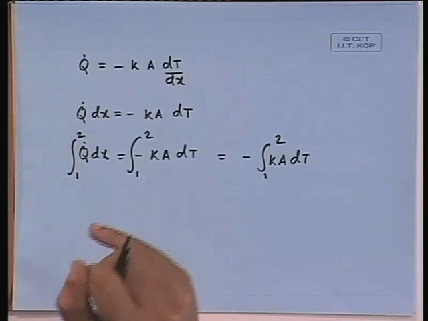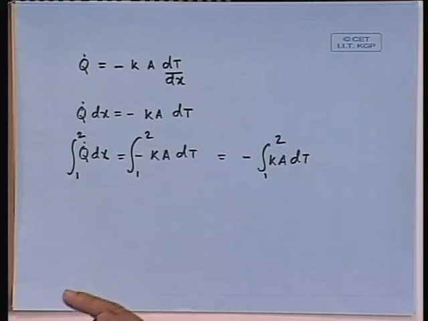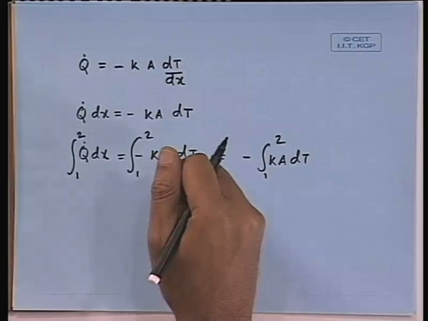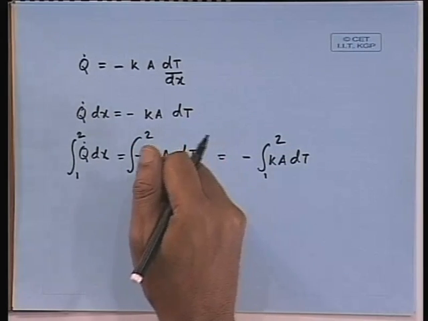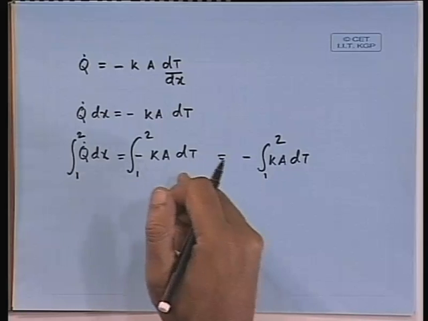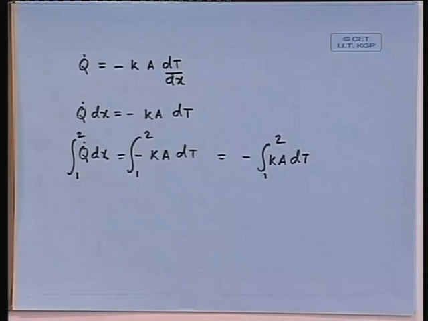This property, thermal conductivity, is generally temperature dependent, and we have to determine this by integration. We cannot take K to be a constant if the temperature interval is high. Okay. So, in that case you cannot take K to be a constant, and then one has to go for the functional relationship between K and T. All right.